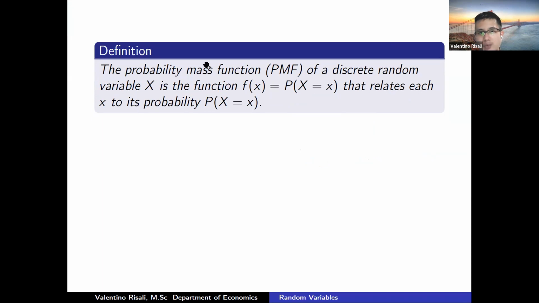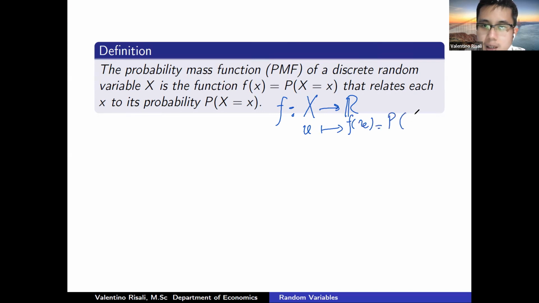We call this function the probability mass function, or PMF, of a discrete random variable x. f is a function from x to the set of all real numbers R, which corresponds x to the probability of x equal to little x, and we call it the PMF of a discrete random variable.